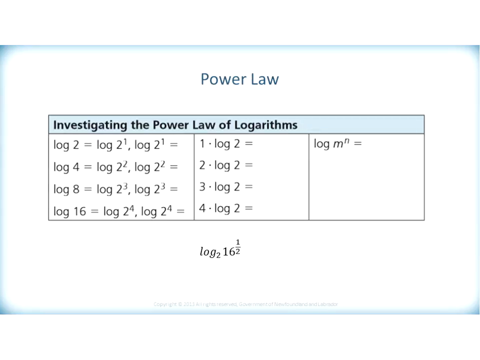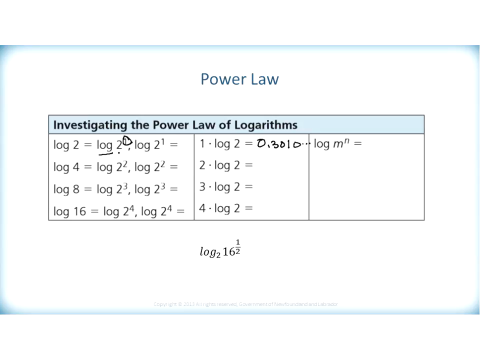Let's have a look at the power law. If you take the number 1 and multiply it by log 2, you will get the same number as if you take the 1, put it in the exponent, and evaluate log of 2 to the power of 1. This will give us, of course, 0.3010.